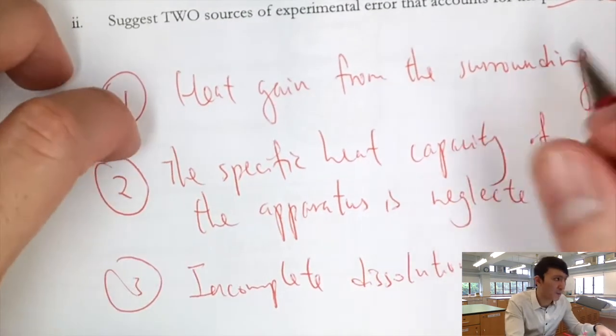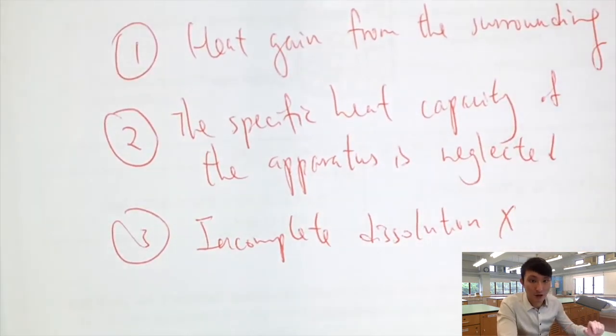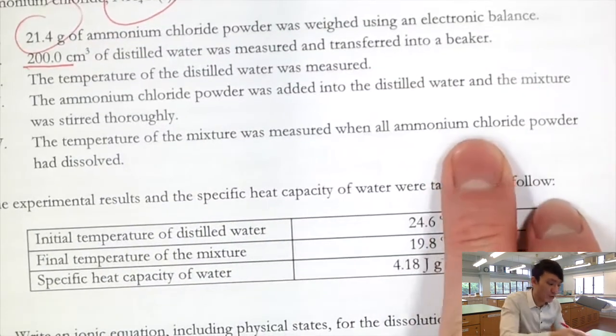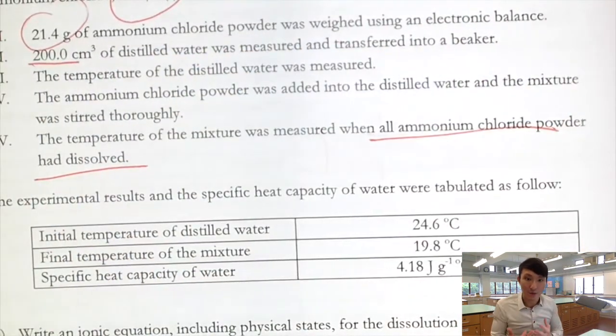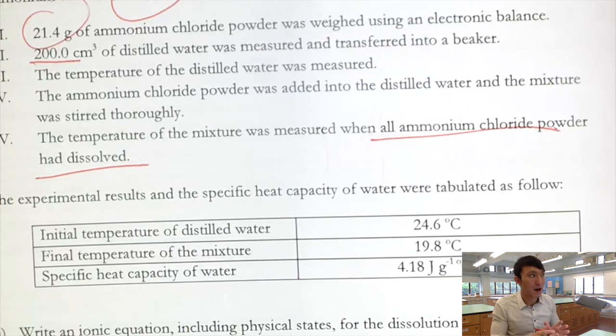Now, but this one may not be that good because from the question, you have to pay attention to the wordings of the question. You see, it has mentioned that all ammonium chloride powder has been dissolved. So in this case, we will assume that we have tried our best to make sure all the ammonium chloride powder has been dissolved.